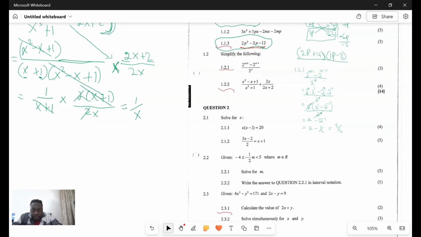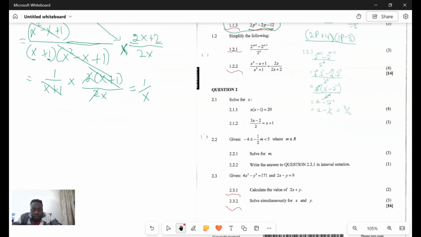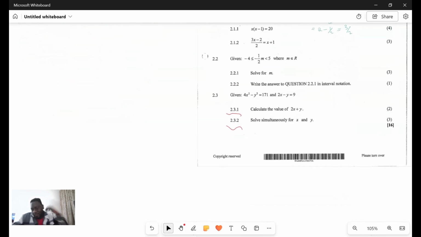And then let's move on to 2.3. So for 2.3.1, they say calculate the value of 2x plus y. You are being given a situation like this one.